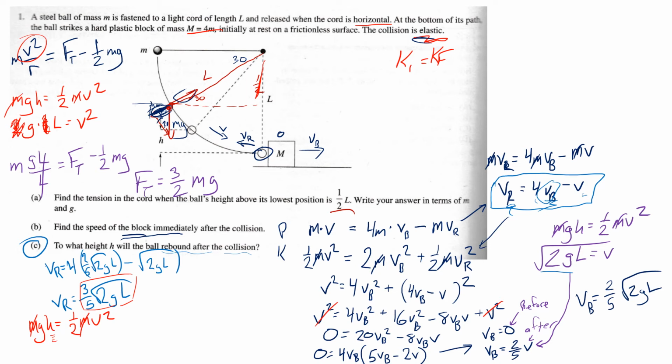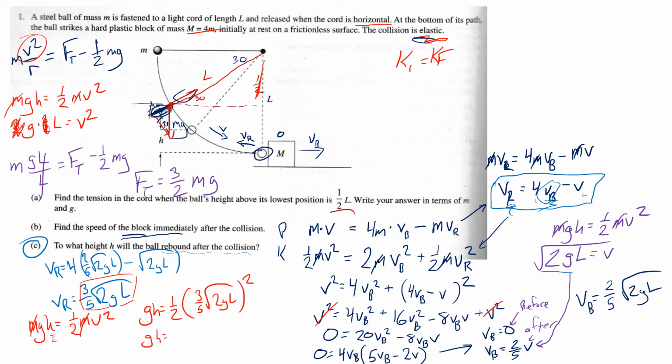All right. So plugging that in, we're going to have gh is going to equal 1/2 times (3/5 square root of 2GL) squared. All right, let's distribute that and simplify it a little bit.